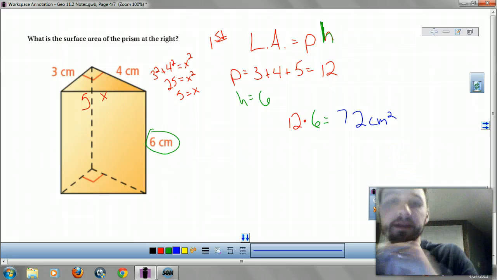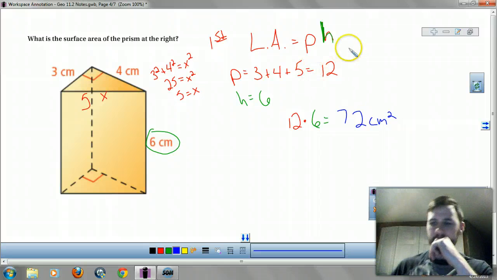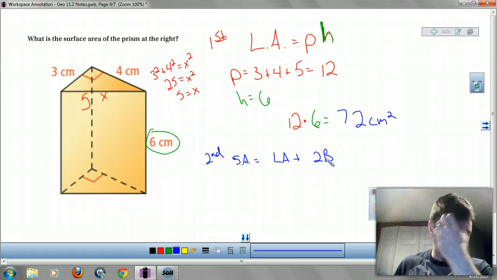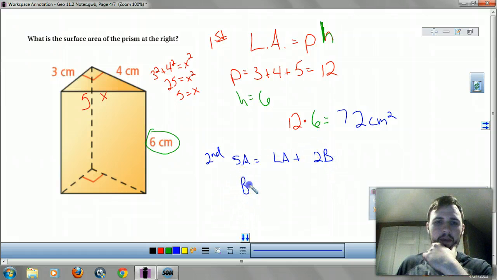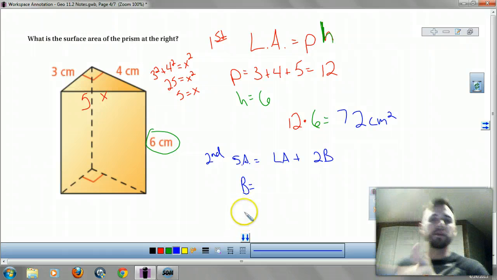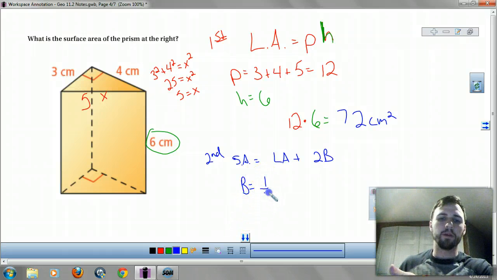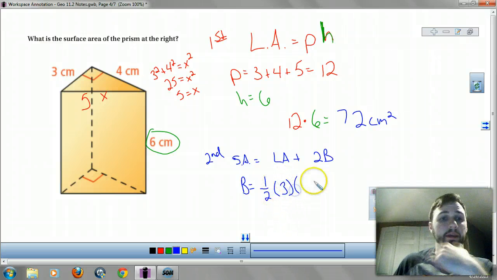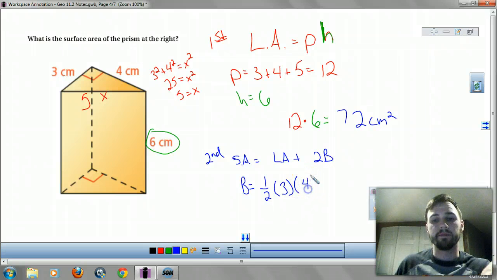Now we have to find our bases. Second, surface area equals LA plus 2 times B, my bases. B equals, we have a right triangle, so it's 1/2 times the base, which is the 3, times 4, which is 6.